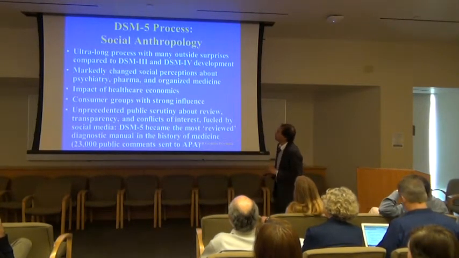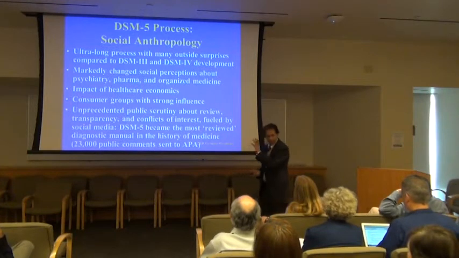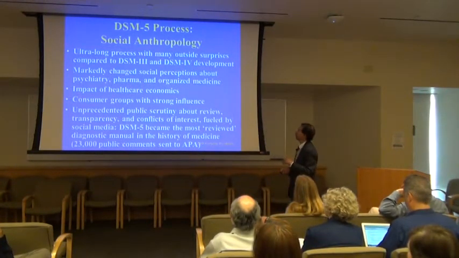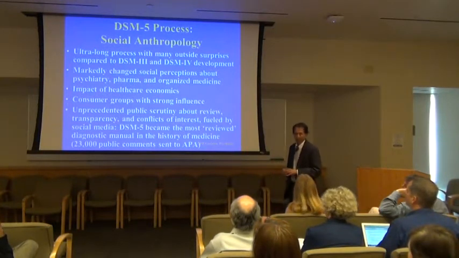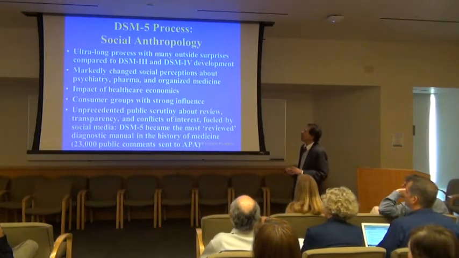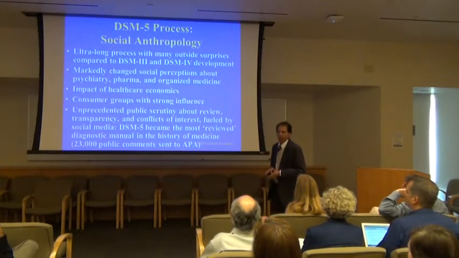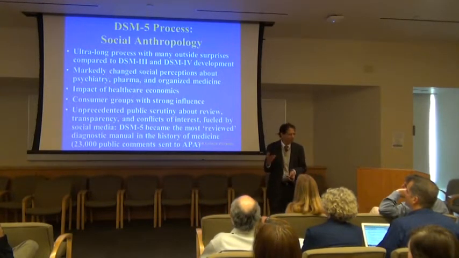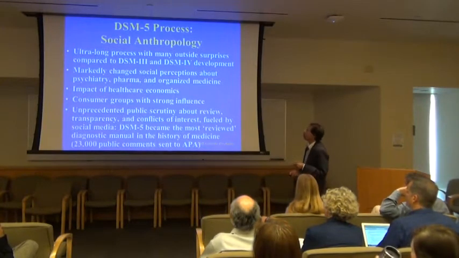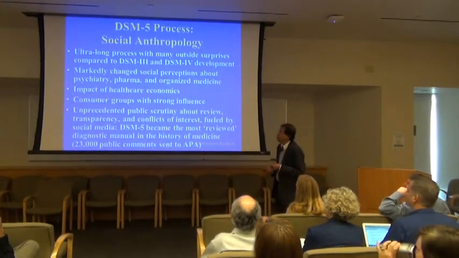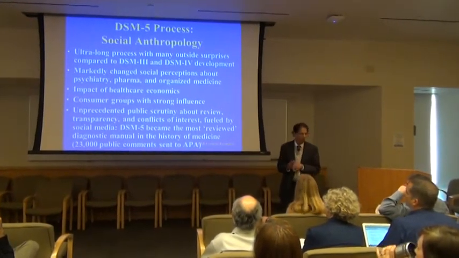Okay. So I'm coming to the close of this process, but I just want to say, as I'm thinking about the social anthropology, if you will, that this became an ultra-long process. Originally when we started, the expectation was that we would be done in a few years. And what was really surprising was the criticism that we received from outside.